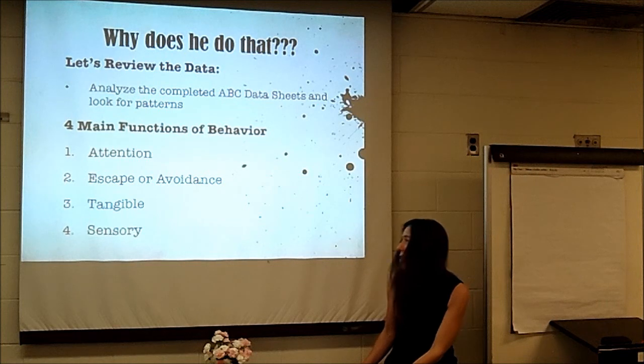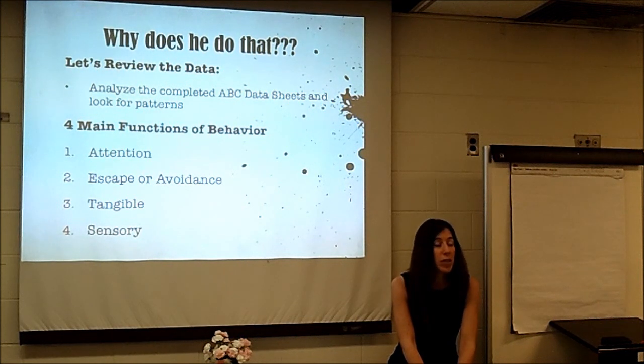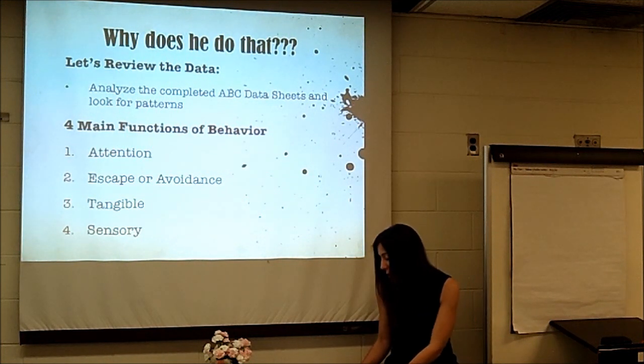The four main functions of behavior are attention, escape or avoidance, tangible, so access to food or items or activities, and then sensory. So we'll go through those now and get a better understanding.